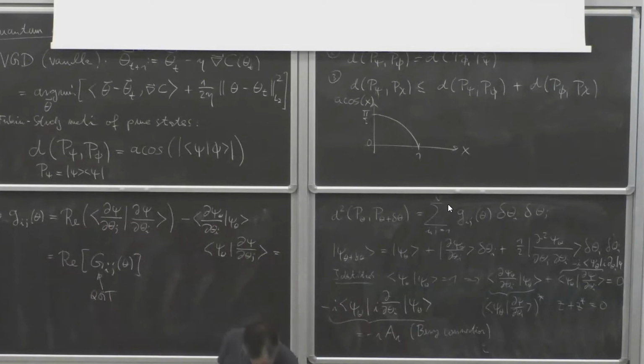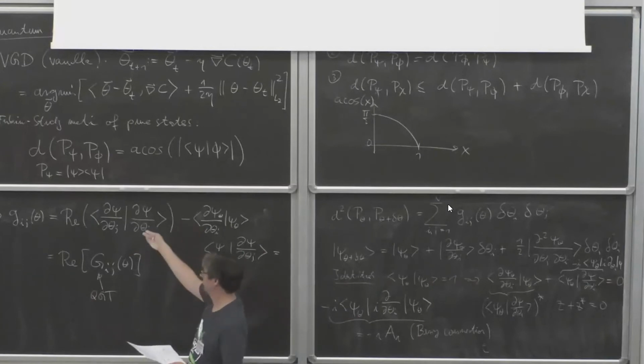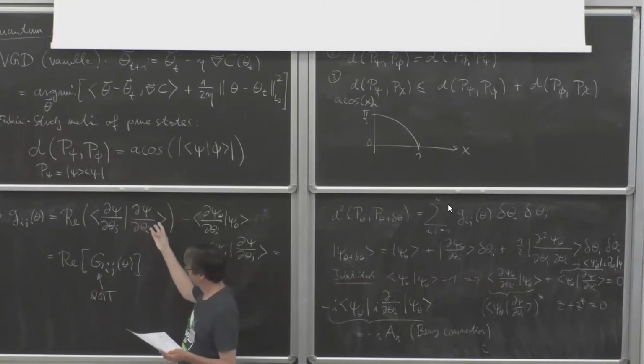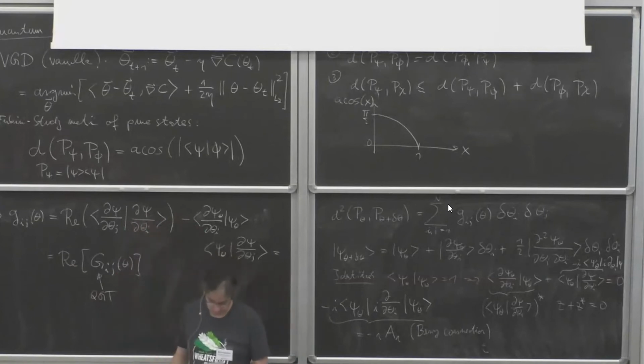Okay, so just to recap, what I've derived here is the Fubini-Study metric, the explicit expression for the metric on the space of pure states, and it is actually the only unitarily invariant metric.